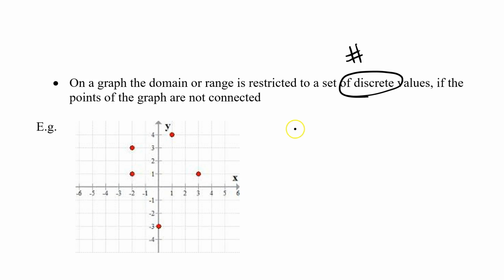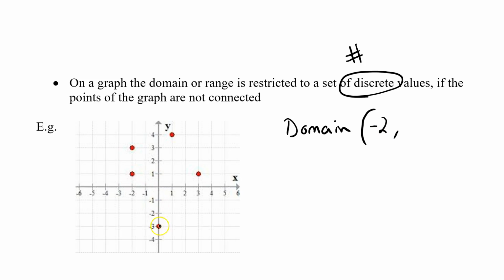Start with my domain. Now my domain are all the points on my x-axis. So where do these points fall on just the x-axis? I'm going to open up a set of brackets, and usually I start working with my smallest number, my negatives first. And I've got points falling at -2.